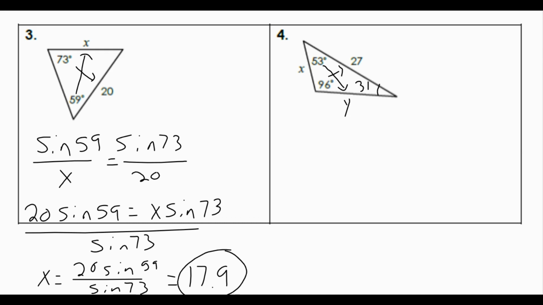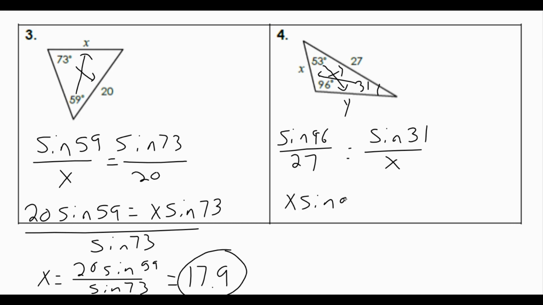Now I have the angle measure that's opposite side x, so I can set up my proportion. I would have sine 96 over 27 is equal to sine 31 over x. Multiplying by 27 and x, I would have x sine 96 is equal to 27 sine 31.